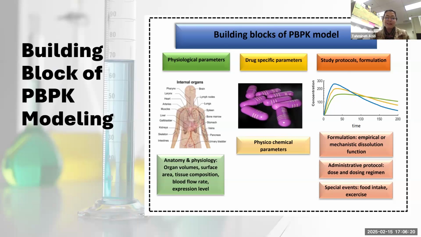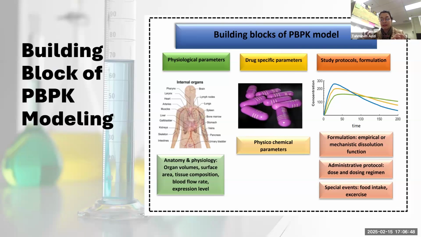The important one, as a mathematician, is information about the physiological parameters, so it's really collaborative work. For example, the anatomy, the physiology, the organ volumes, which are important, surface area, tissue composition, blood flow rates, and expression levels, and there are many more parameters.